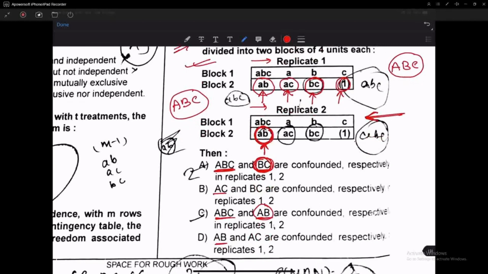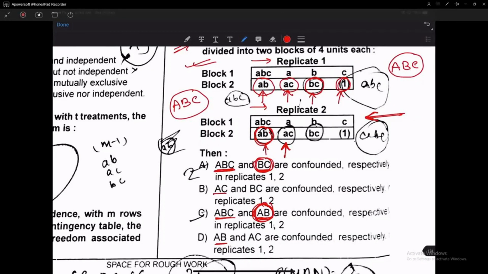Now let's check AB. AB with AB has an even number of common members, but AB with AC has an odd number of common members. So AB cannot be confounded.